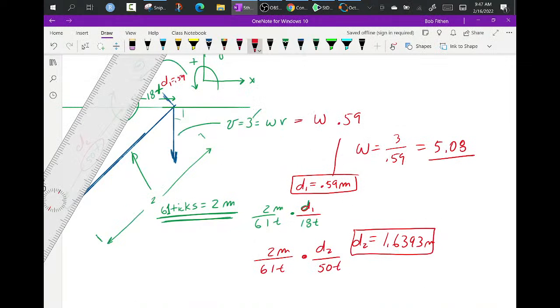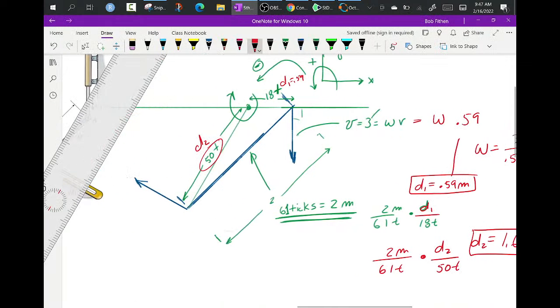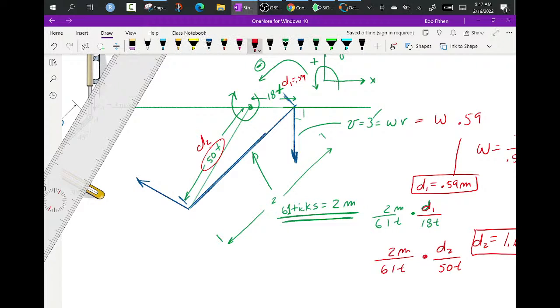Now let's go over here and notice if I have this thing, and it does appear to be going at 5, and I'll stick to mine. I know he said 5.02. If I want to know this velocity, it's equal to the omega times distance 2. Now this r here is this distance.